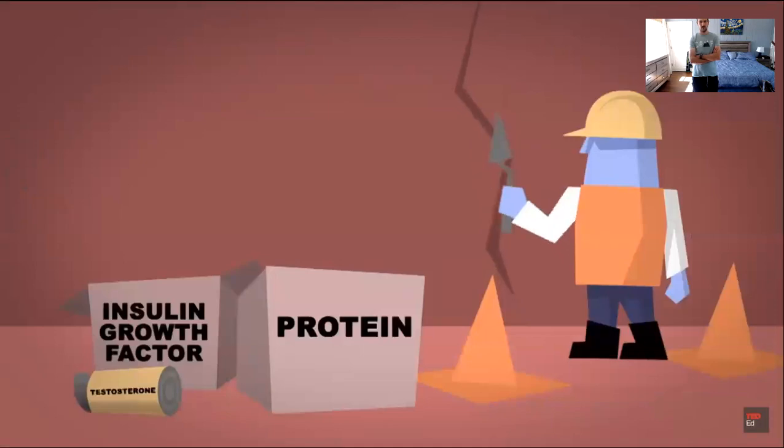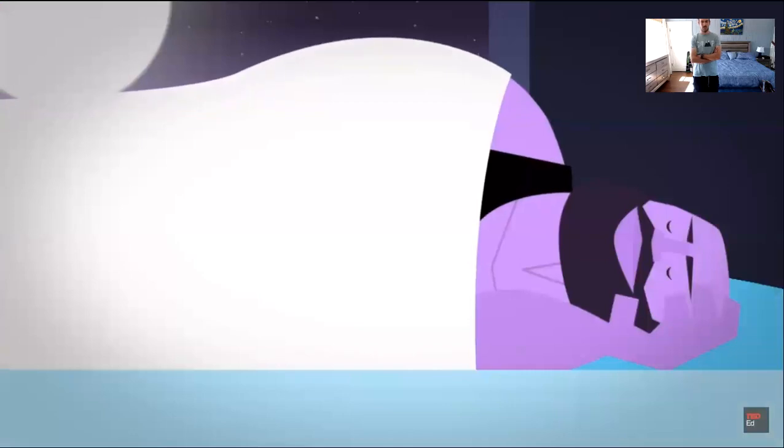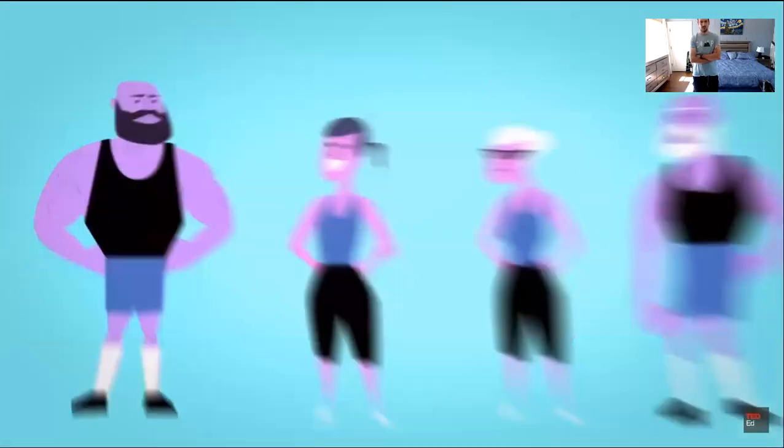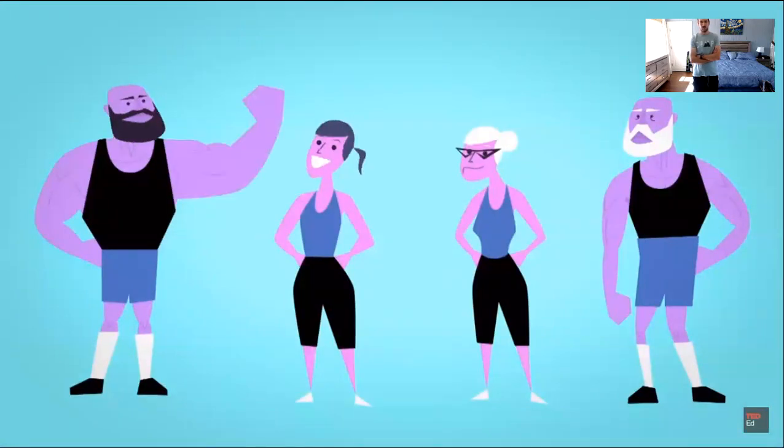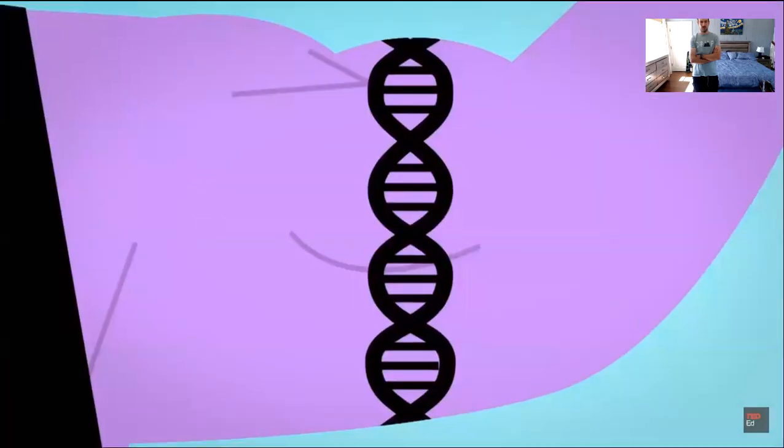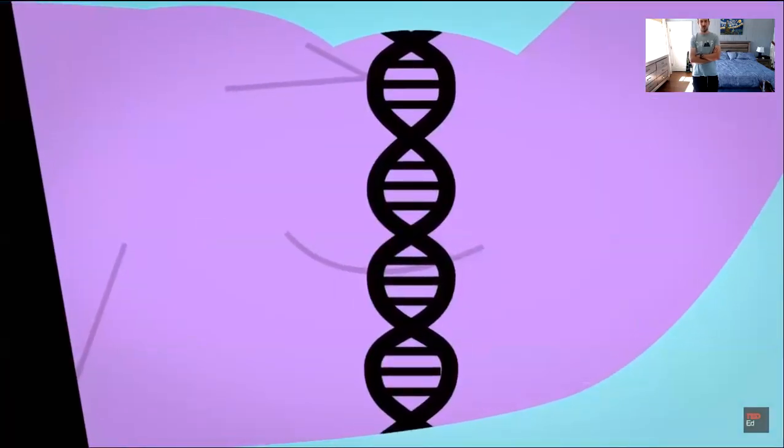This vital repair process mainly occurs when we're resting, especially at night while sleeping. Gender and age affect this repair mechanism, which is why young men with more testosterone have a leg up in the muscle building game. Genetic factors also play a role in one's ability to grow muscle.